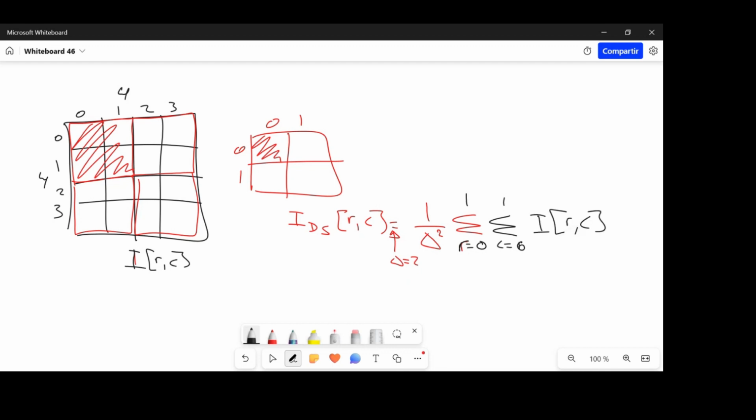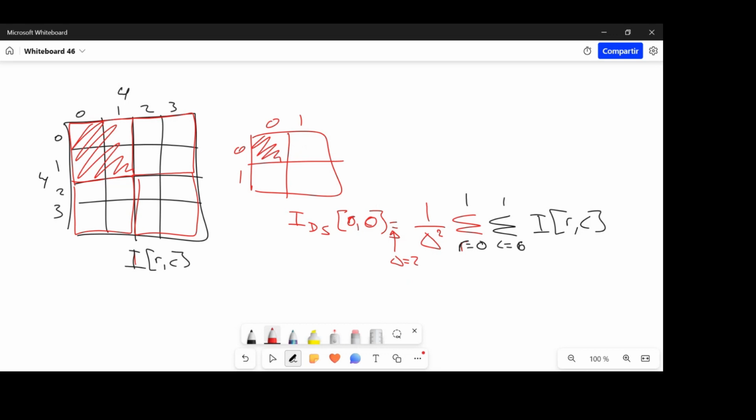So we are summing over this image and completing this average. This will be the value at 0, 0. This is just a simple example of averaging.